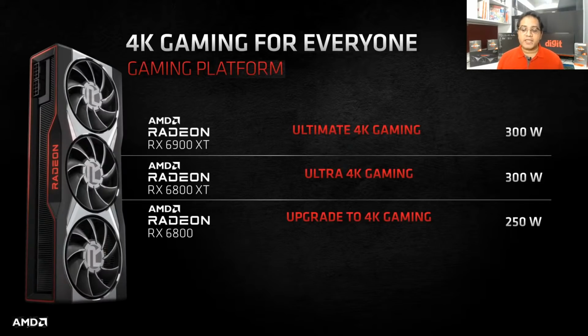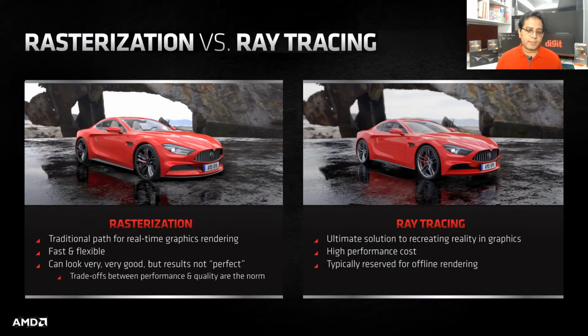And lastly, you have the RX 6900 XT, which is the absolute top end card with which you can experience 4K gaming with all the bells and whistles. And this includes ray tracing as well. Now, ray tracing has been around for several decades, but it's only recently that hardware accelerated ray tracing has made its way into video games.